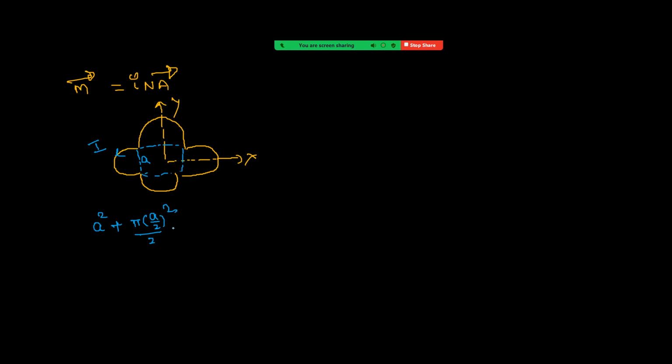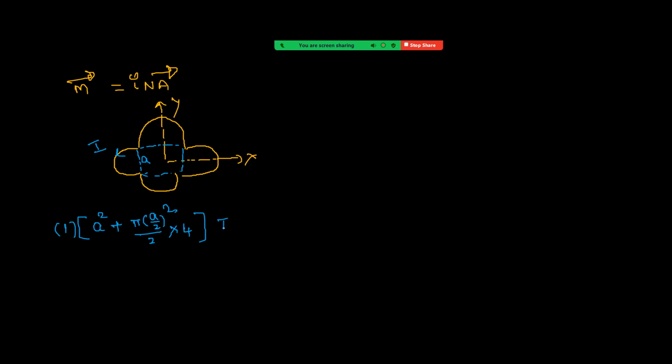Legs are having now 4. 1, 2, 3, 4. So into 4. This is now area of this loop. Number of turns is only 1, so into 1. Into I. Current is given I.